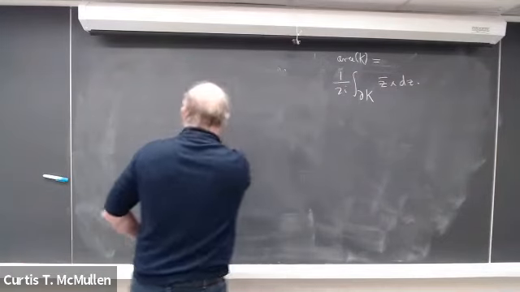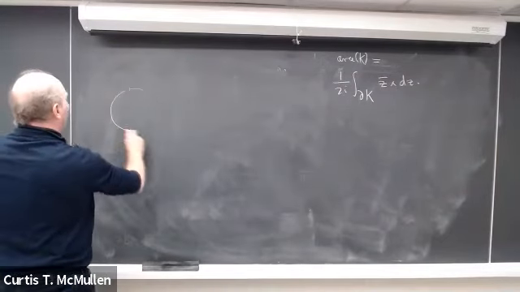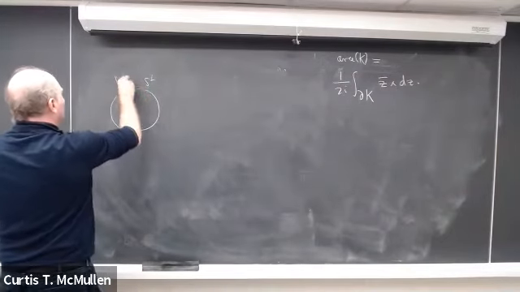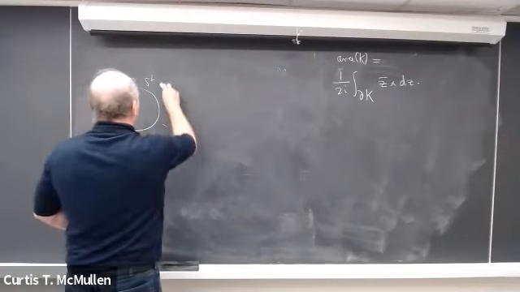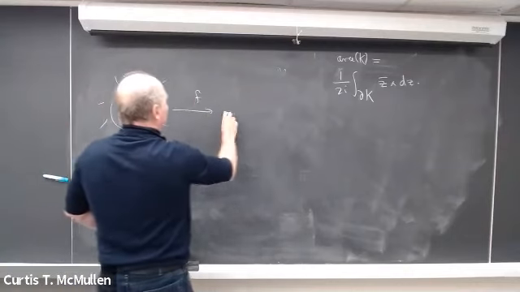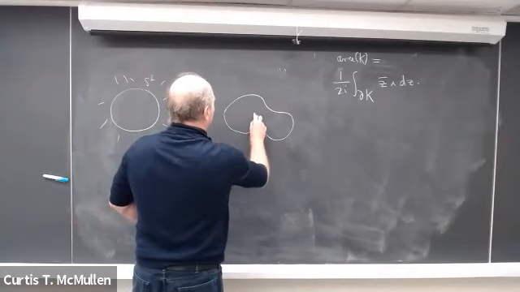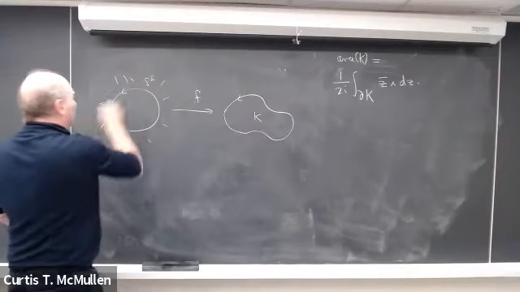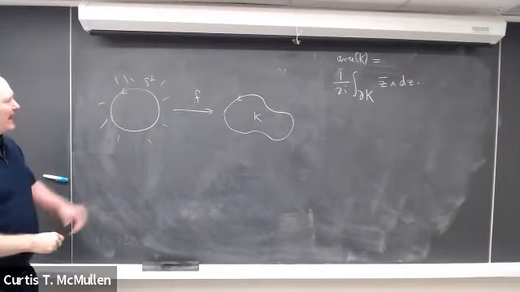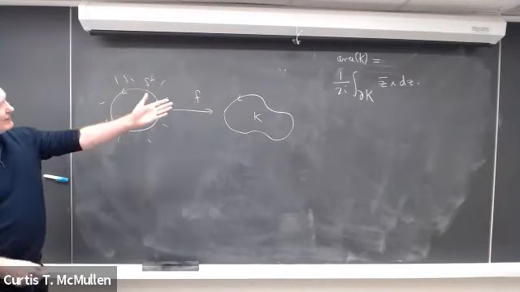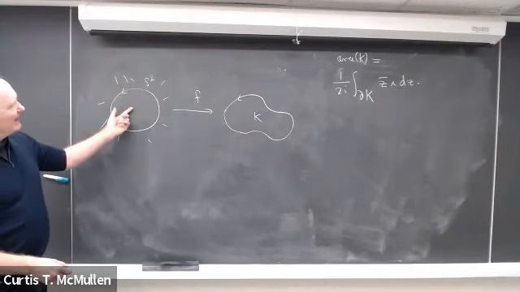Now we bring our Riemann mapping into play. We have a map f from the outside of the circle to the outside of K. So in particular, we can parameterize the boundary of K by the circle. And so we can do this integral by integrating over the circle.